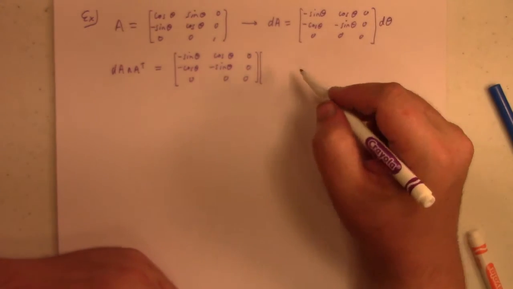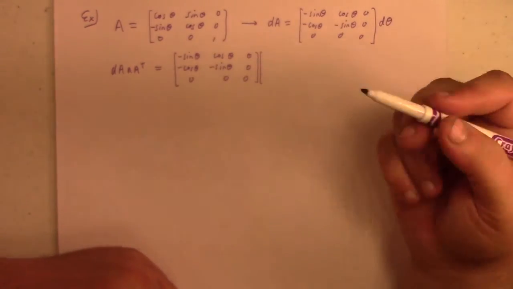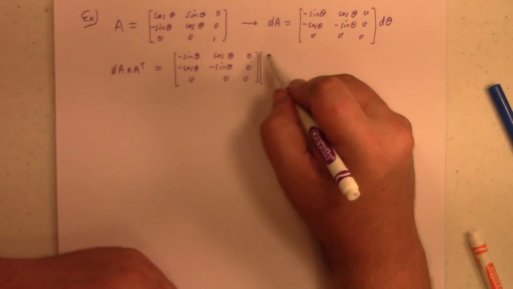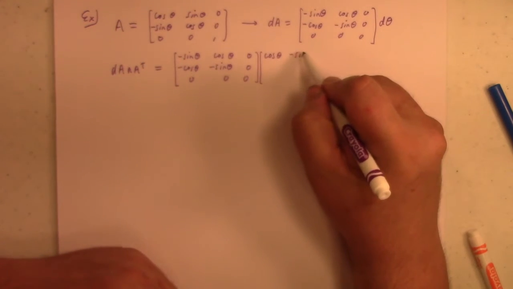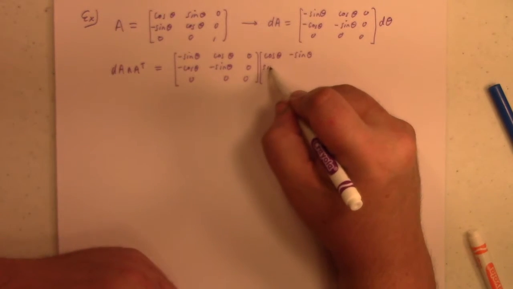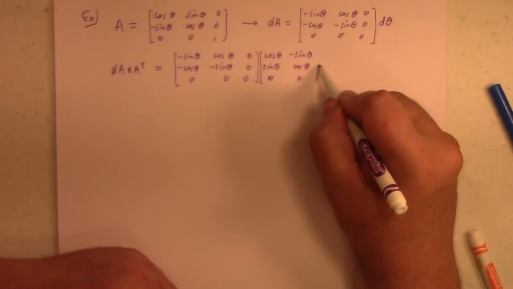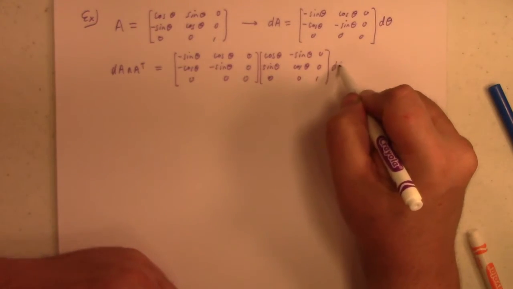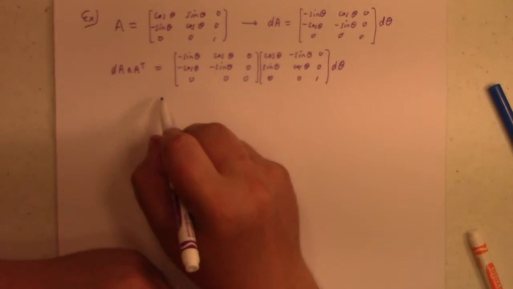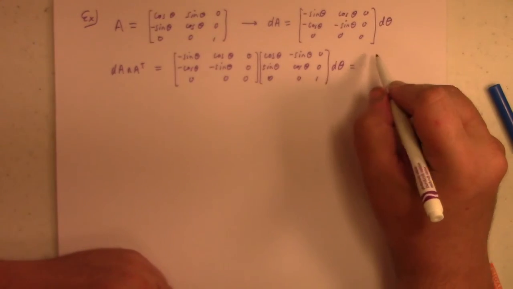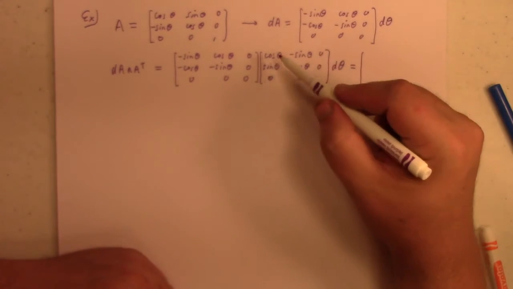We can bring the d theta outside, because if you think about it, it's just going to be everywhere, and if you think through it, you'll see what I'm doing is not unreasonable. Sorry, I guess I'm kind of ruining it by doing that, but oh well.